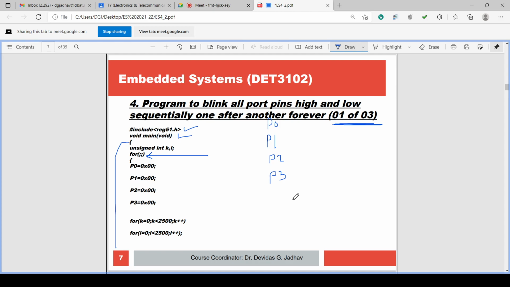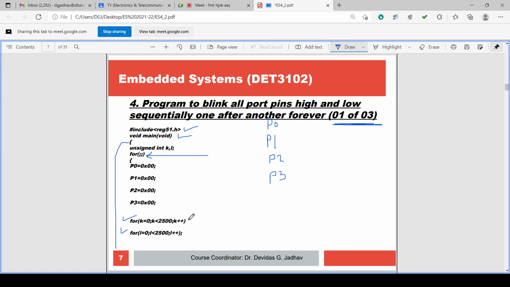Then we'll provide the delay. Delay is with the help of a for loop. Okay. Now there are two for loops. One for loop, second for loop. One for loop's round bracket is not having a semicolon delimiter.